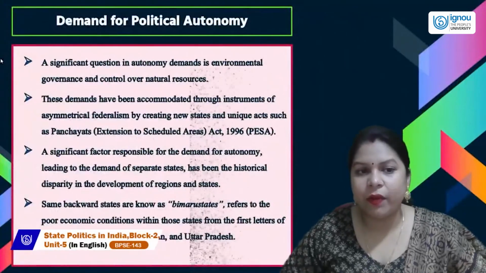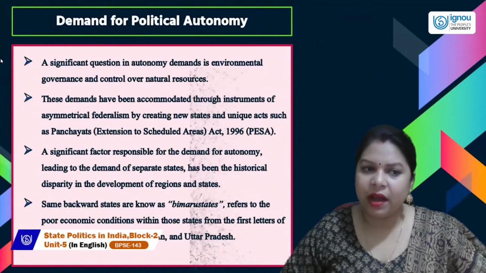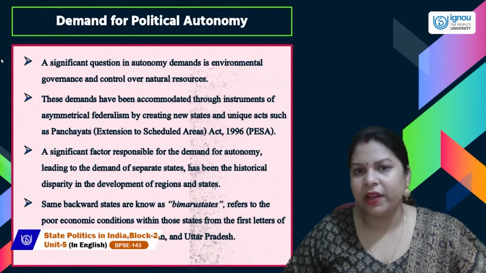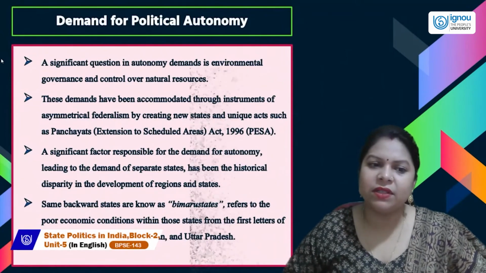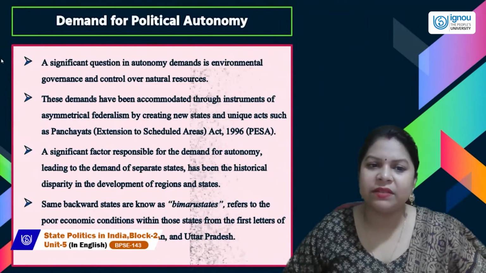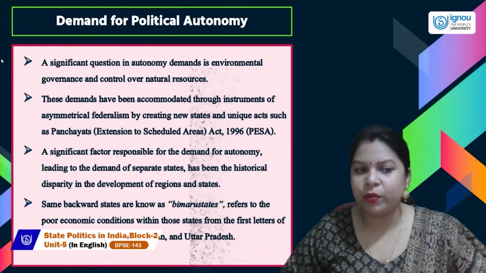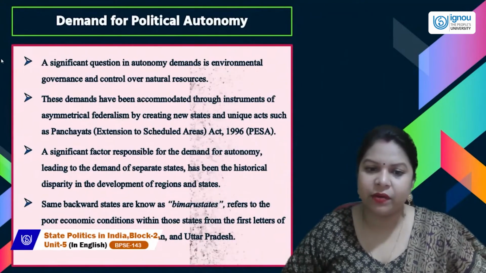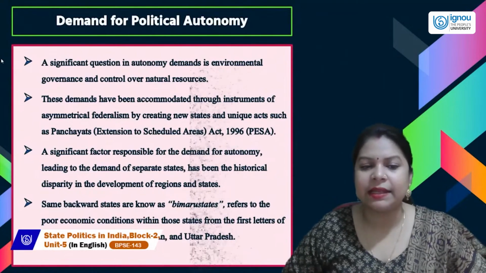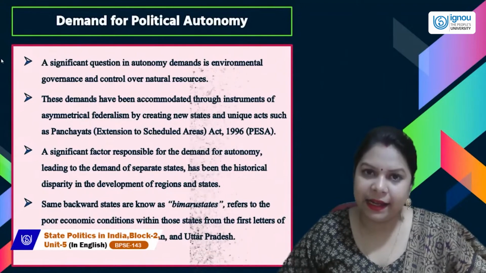A significant question in autonomy demands is environmental governance and control over natural resources. This is also very important because there was a need to control the natural resources. These demands have been accommodated through instruments of asymmetrical federalism, by creating new states and unique acts such as the Panchayat Extension to Scheduled Areas Act, also known as PESA 1996.